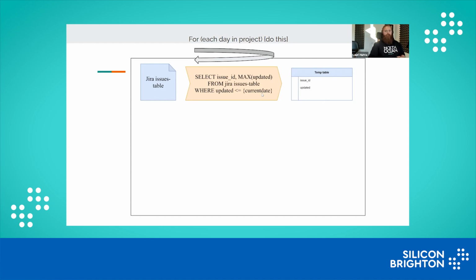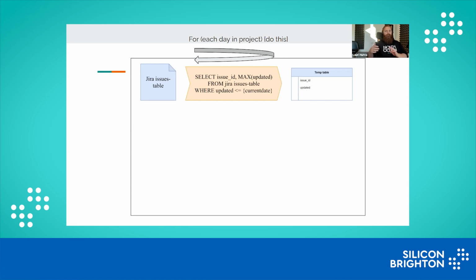So on Monday, the ticket from when it got created and went to the backlog, that would be it. Then we iterated, and on Tuesday, the same thing, but on Wednesday, we already had a new ticket. So now it knows that that's the latest for that. And this is how we can fill in the history.